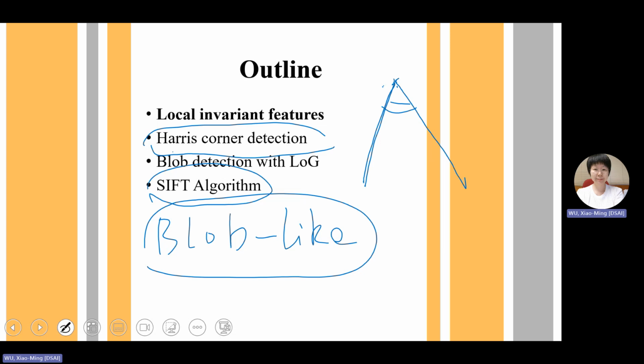So you haven't done your homework? The lab assignment. How to do edge detection? How to identify an edge?